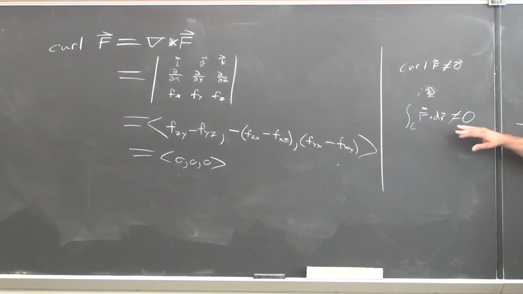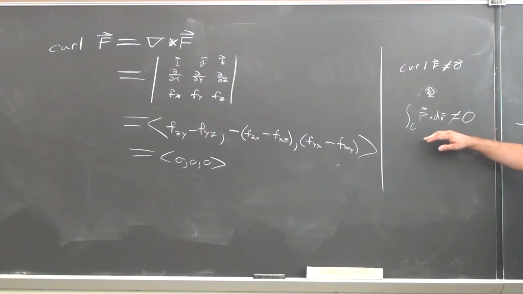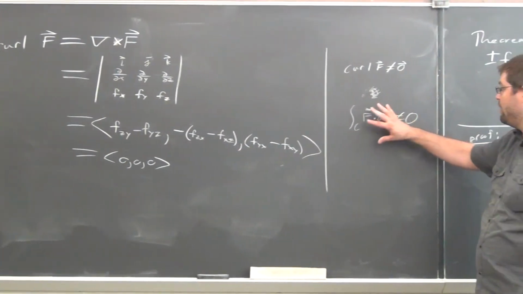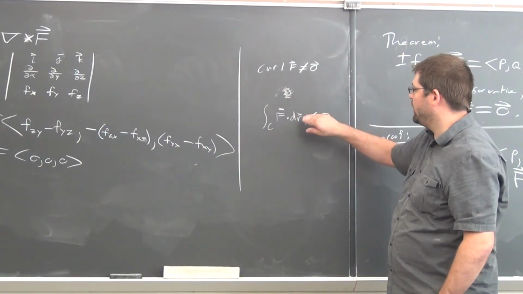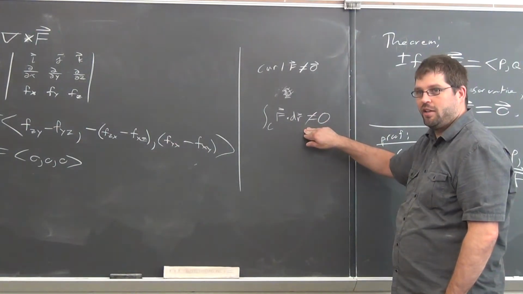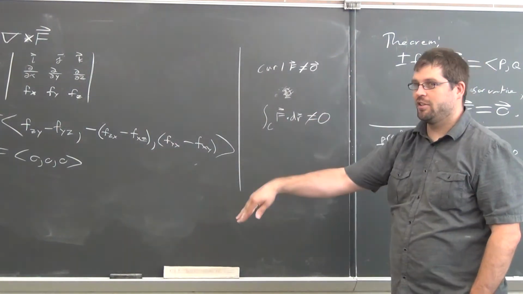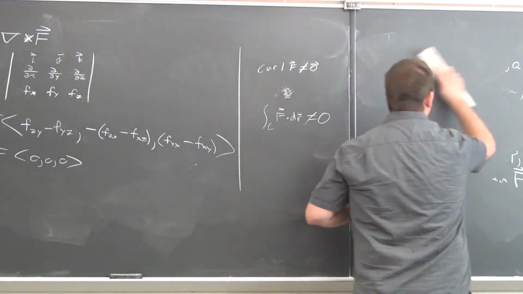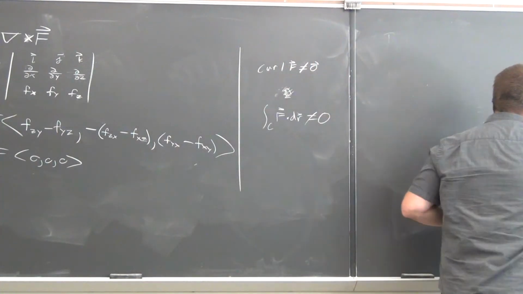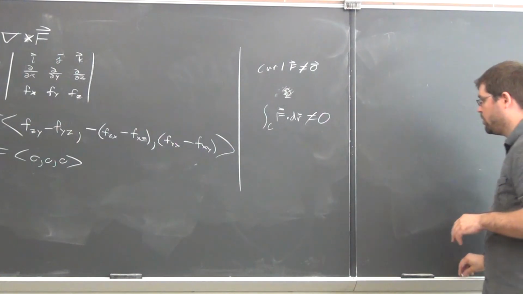Okay, so we're going to come back to this next time. I don't think I have time to do it in 10 minutes. But essentially what we're going to show is that a non-zero curl means you're not path independent. It means you're not conservative. And so we're going to basically show that curl is a measure of whether or not you're conservative.